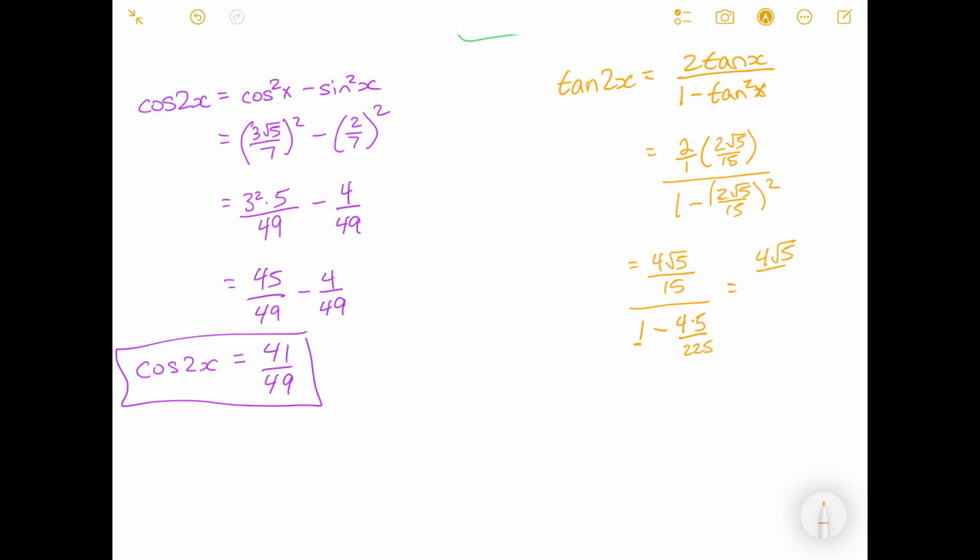4 root 5 over 15 divided by 225 over 225 minus 20 over 225. All right, 4 root 5 over 15 over 205 over 225. And now we flip and multiply, so 225 over 205 to get rid of that double fraction.